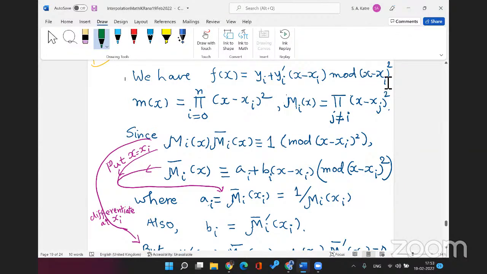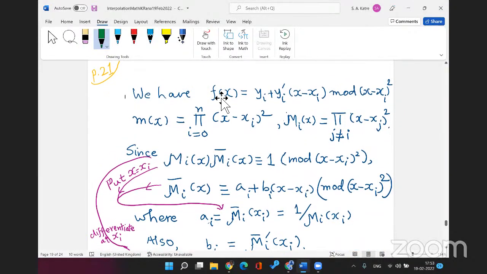Our modulus is (x minus xi) squared, okay? And our congruence condition is f(x) congruent to yi plus yi dash into (x minus xi). This is a kind of Taylor's formula I mentioned, but here only the first derivative is there, so it is very simple.